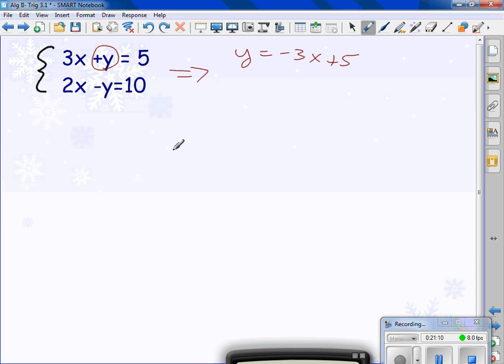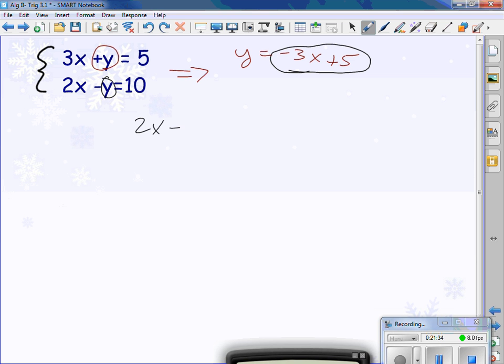Once I rearrange that, what do I do? How do I solve? Minus 5? No, I already have y equals. I substitute this into the bottom equation for y. Since y equals negative 3x plus 5, I put it in there.